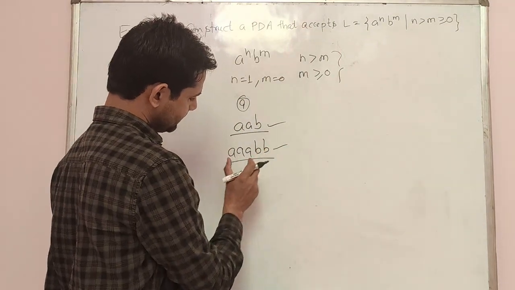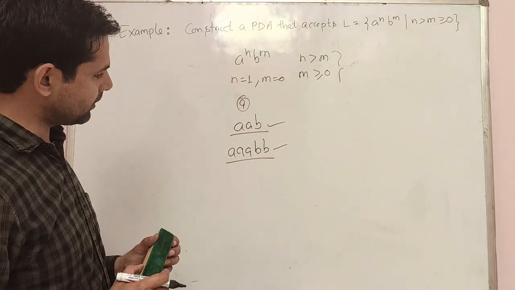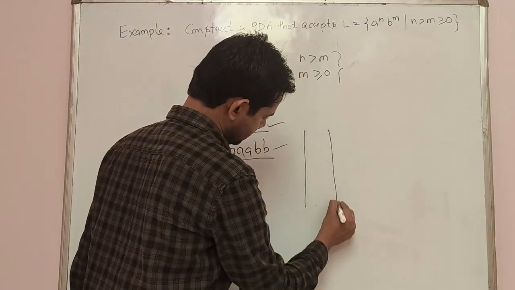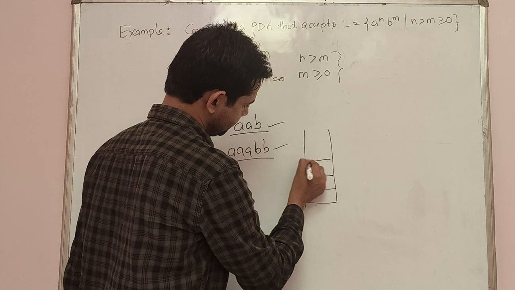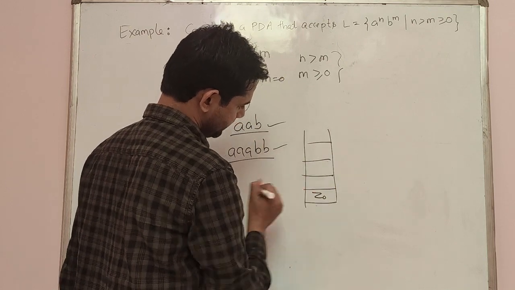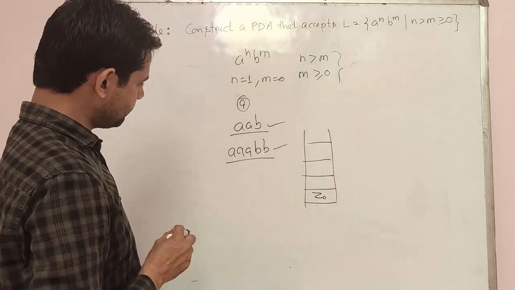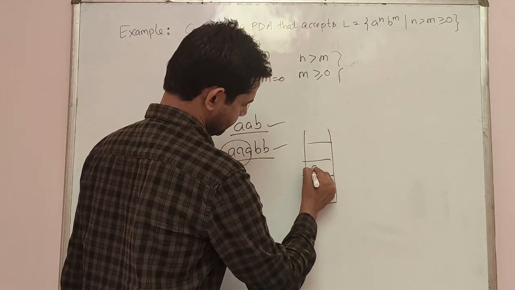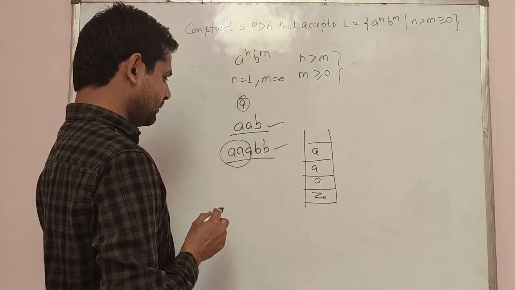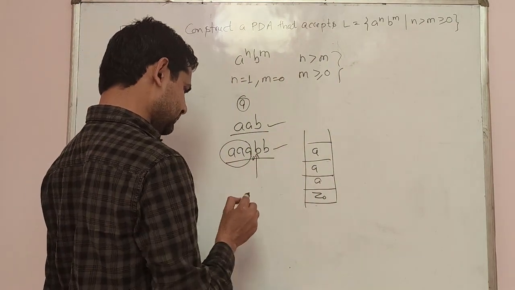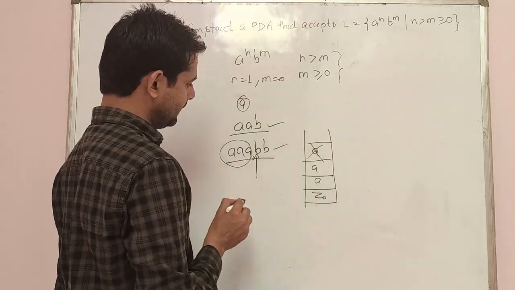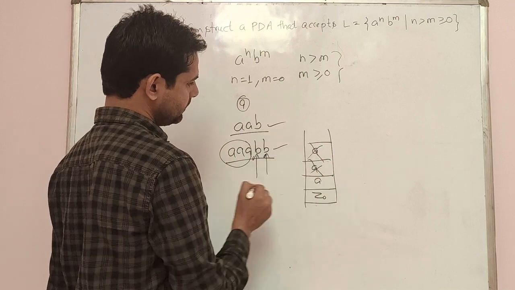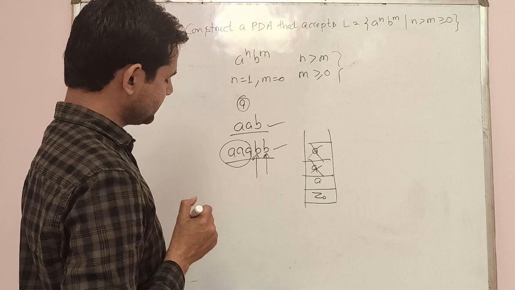So we will discuss the logic for this one. What will be the logic? We are considering a stack, right? The initial symbol is Z0. First of all, we will store all A's into the stack. When we get the first B, we will remove an A from the stack. For the next B, again we will remove an A from the stack.